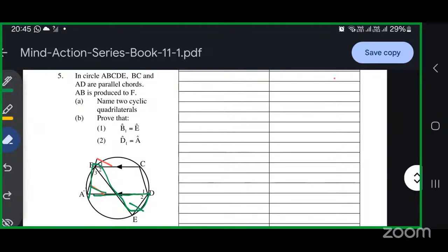Now, prove that D1 is equal to angle A. How are we now going to prove this? This is equal to this. This is challenging. Okay, angle A is equal to angle E. We saw that.